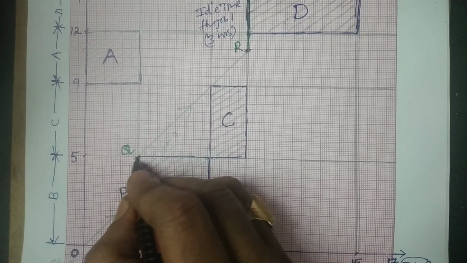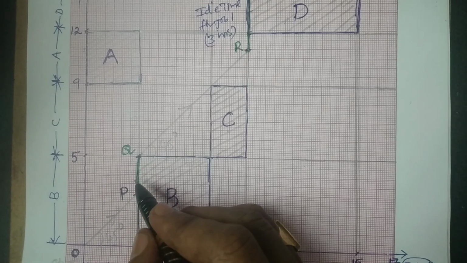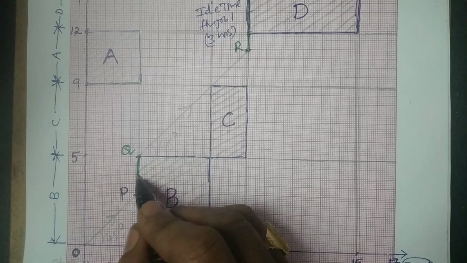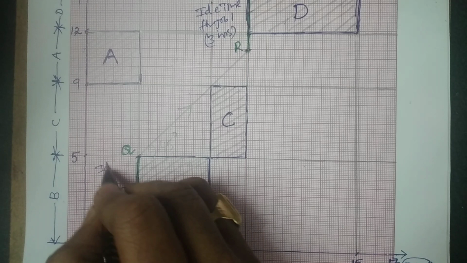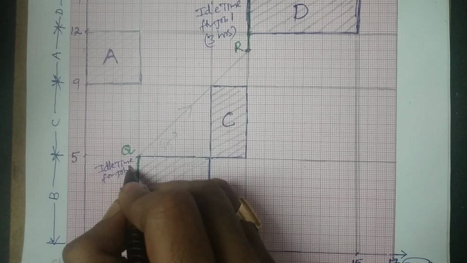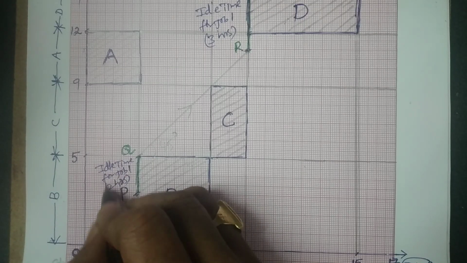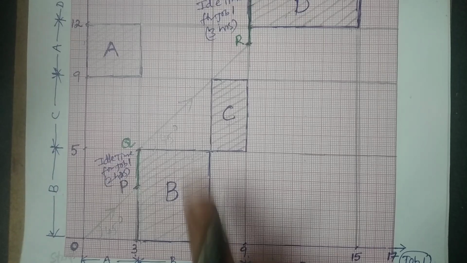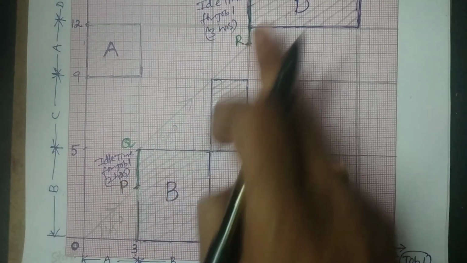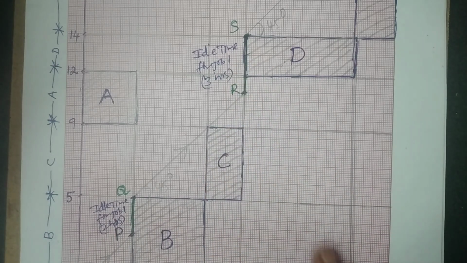Now one more vertical line, here to here, P to Q. How many hours here? 1 and 2. That is also idle time for job 1. It is 2 hours. So what is the total idle time for job 1? It is 2 plus 3, that is 5 hours.